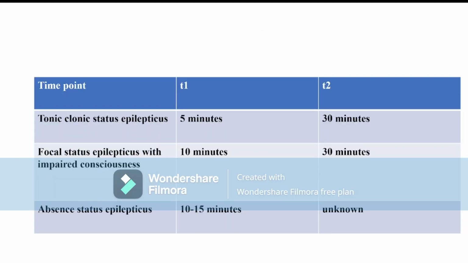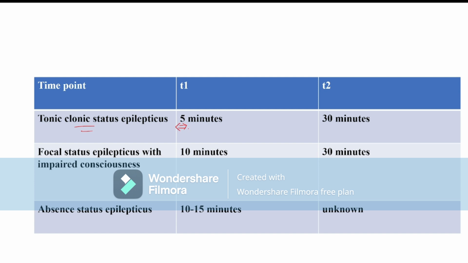Now, what are the T1 and T2 intervals in different types of convulsion? There are lots of types of convulsion, and T1 and T2 are different in each. If the patient has tonic-clonic, clonic, tonic, atonic or myoclonic seizure, then time point 1 is more than 5 minutes.